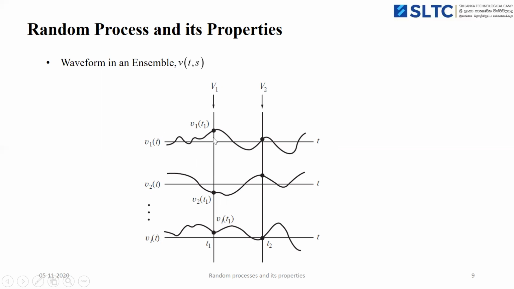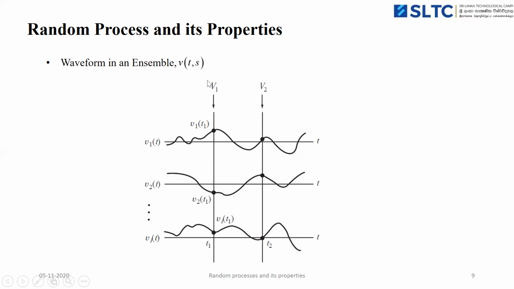From the first sample function, V1 of t, at a time t equal to t1 we can get the value, say V1 of t1, and it is defined by V1.